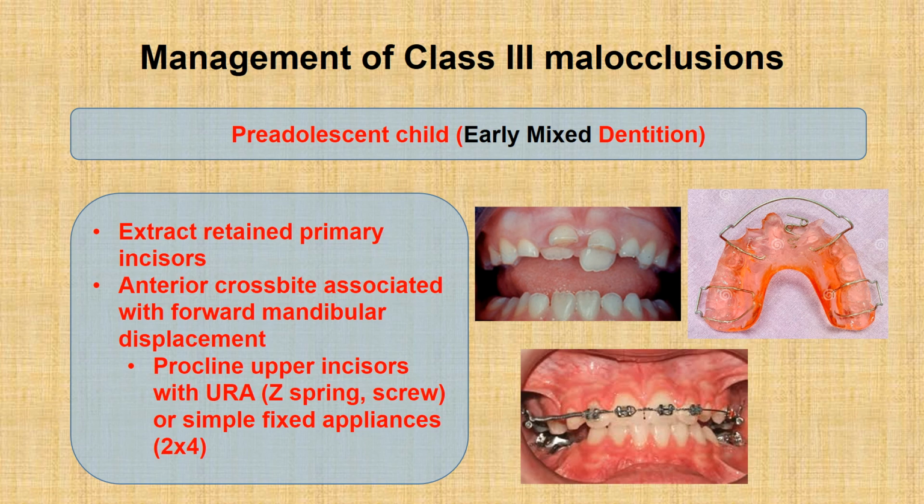And if there is an anterior crossbite associated with forward mandibular displacement, then this should be corrected early to prevent worsening of the class 3. This can easily be done by proclining the upper incisors with a URA, carrying a Z spring or a screw, or with simple fixed appliances such as the 2x4 appliance.